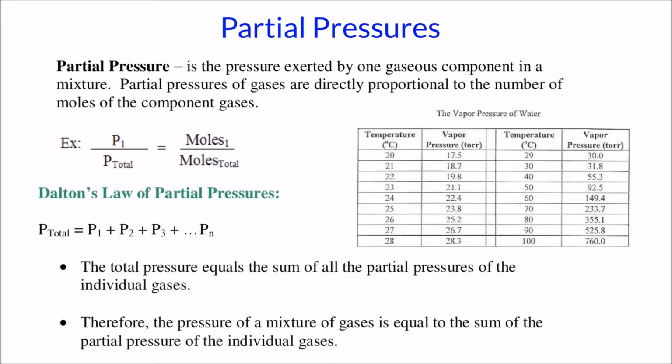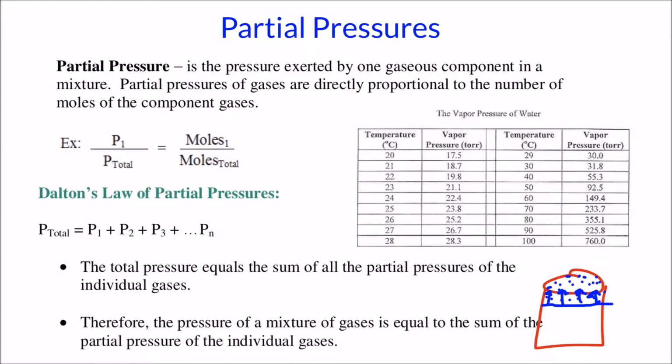So if you have some sort of container here, and in that container you have some water, right at the surface of the water you're going to have little molecules of water turning into a gas. And those little gas molecules will be floating up above the surface of the water.